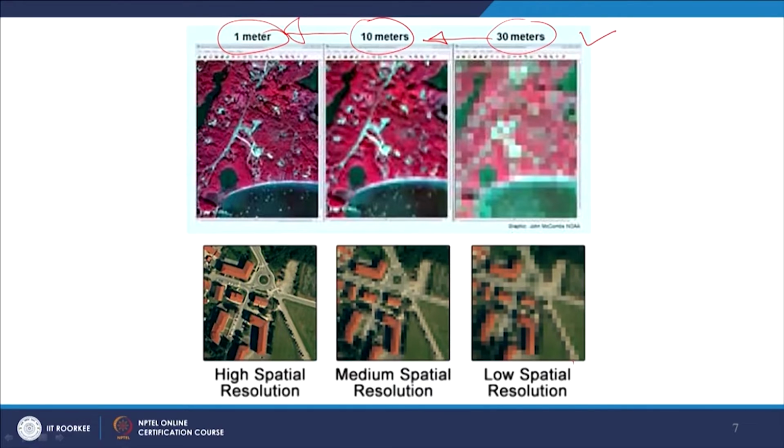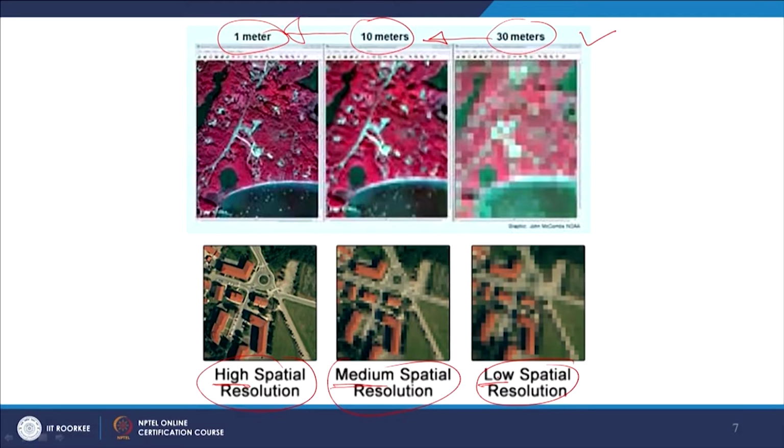Similarly, here again low resolution image, medium resolution image, high resolution. These are relative terms. Whenever we talk about spatial resolution, we always talk in relative terms.